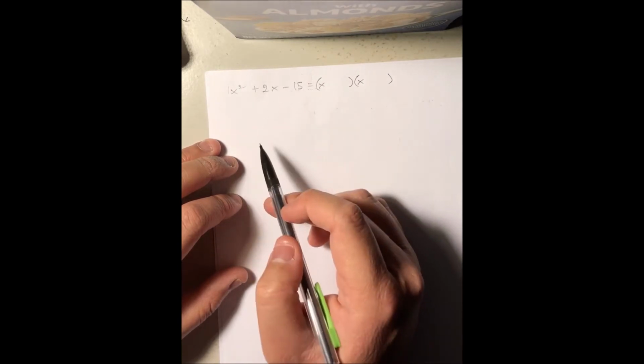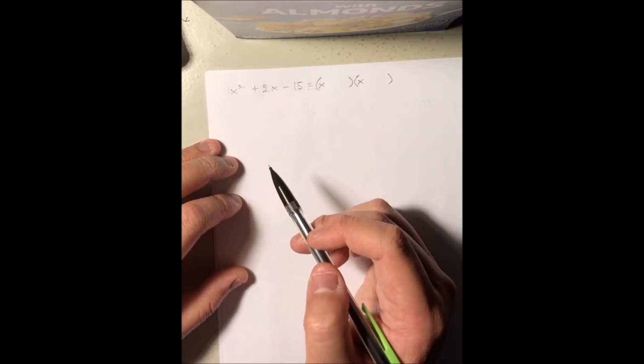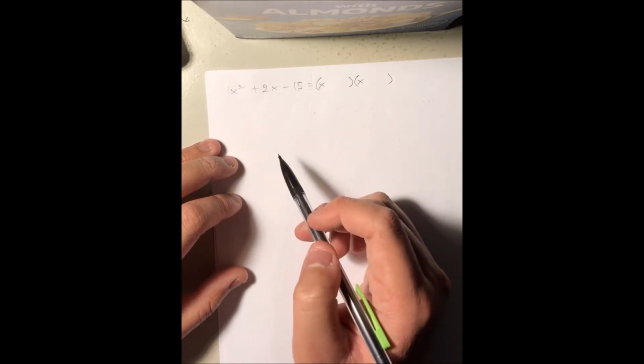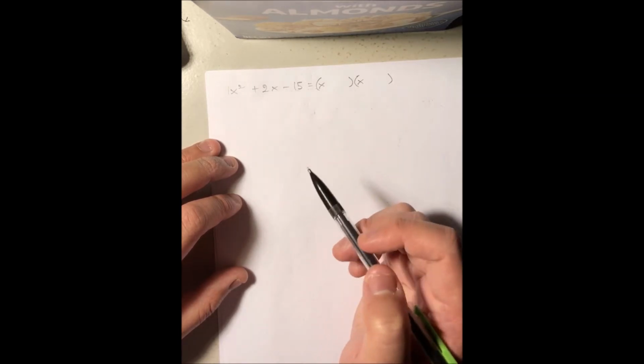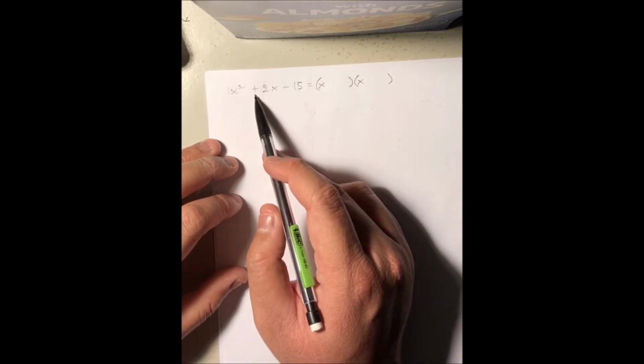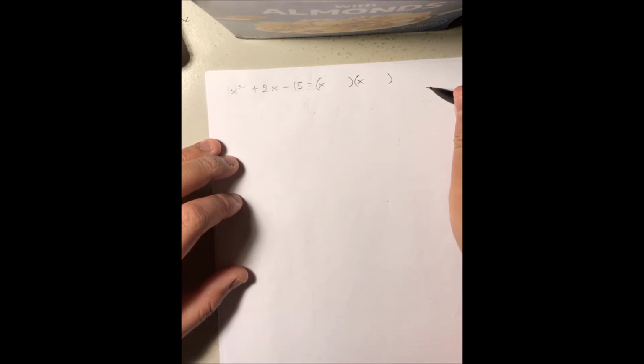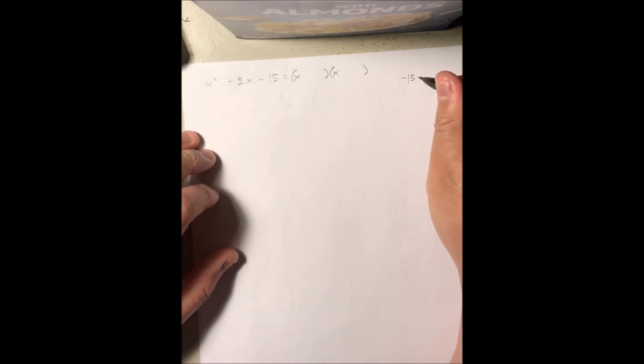Now for the third term, we want to come up with two numbers that multiply together to give us back -15. But also those two numbers have to add together to give us back the second coefficient +2. Well, let's see. We know -15 can be written as +5 multiply -3.